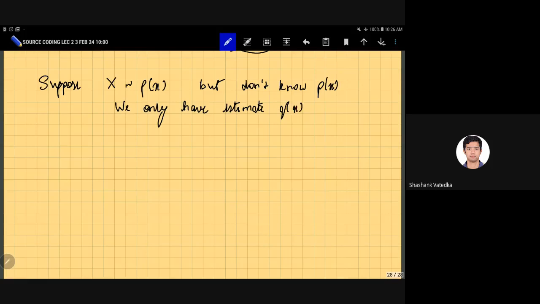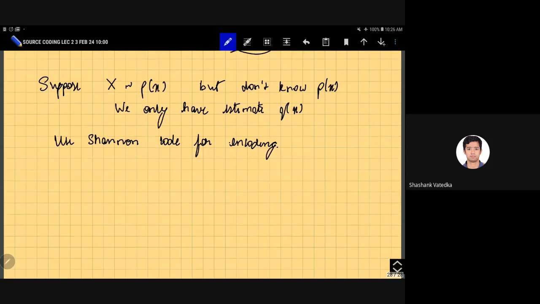Let us say that we use the Shannon code for encoding, but we design the Shannon code according to q, not p, because we don't really know what p is.